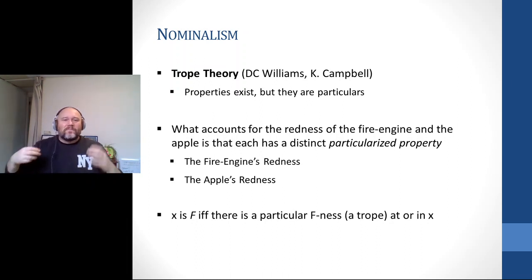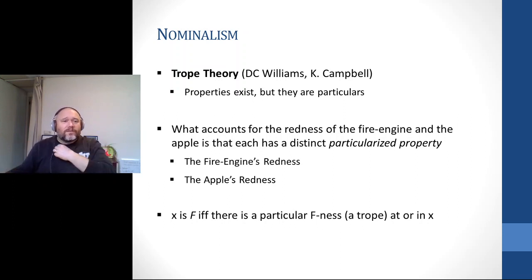All of these particular objects, these particular things, will have local, specific property instances. That's, according to the trope theorist, what properties are. They're these localized instances. So we can say that X is an F if and only if there is a particular Fness, a trope, at or in X.